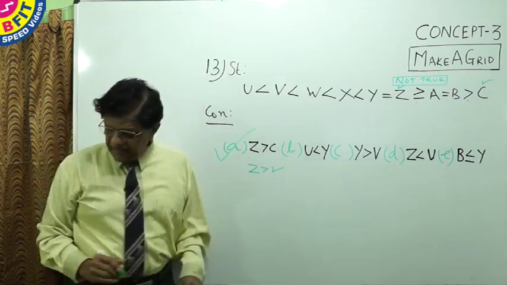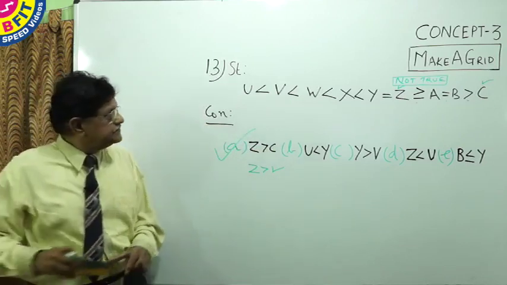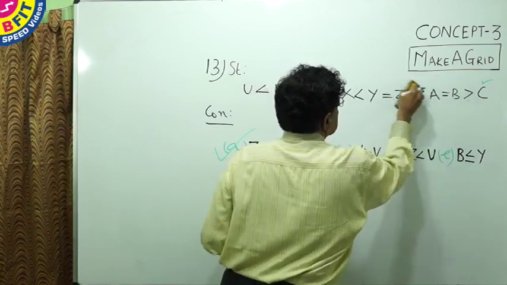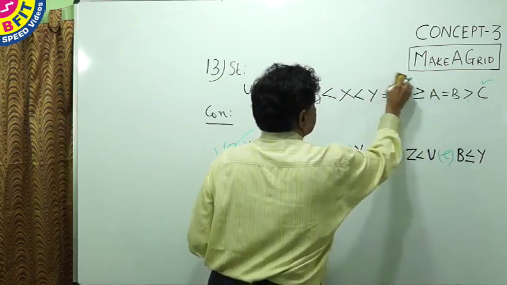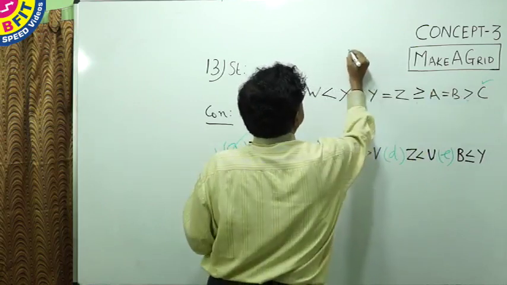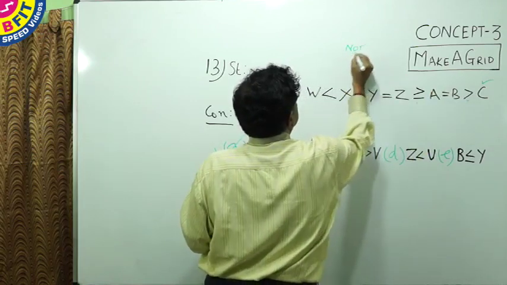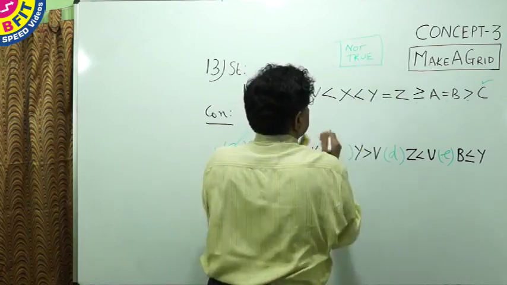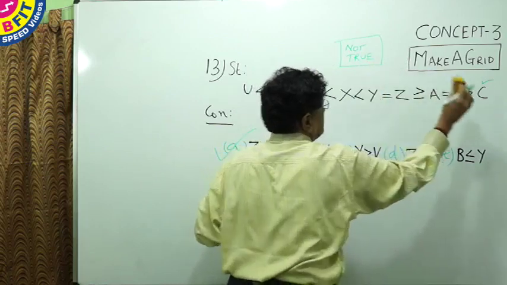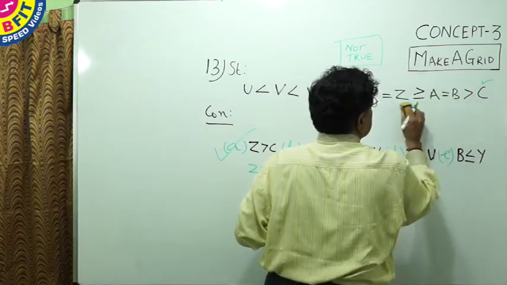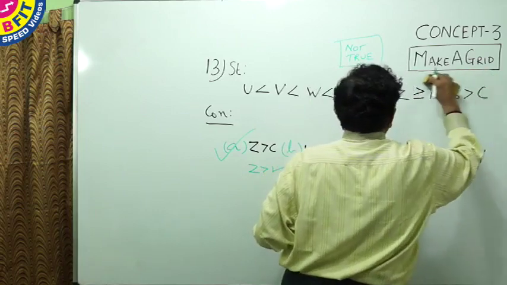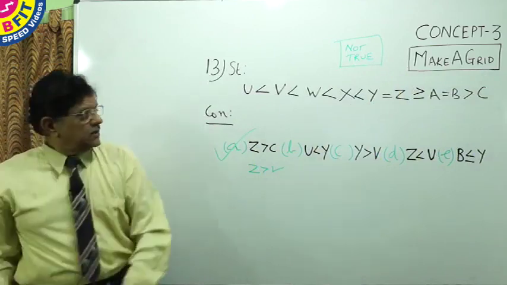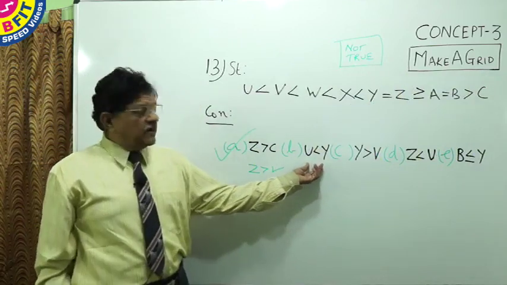Now let us go to the next question. I will shift not true to some other place, so that it will not interfere with our working here. So the next conclusion we have to verify, what are the elements there?